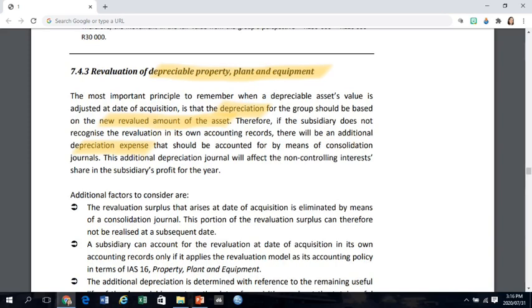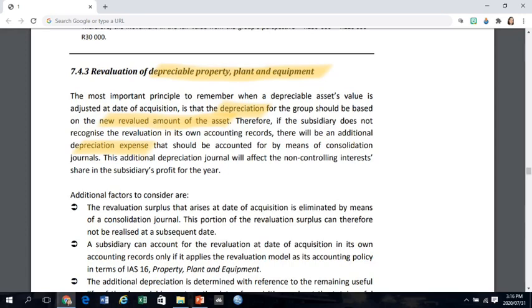These additional depreciation journal entries will affect my non-controlling interest in the subsidiary's profit for the year, because an additional depreciation expense will lead to a change in the group's profit, and it's ultimately the subsidiary's profit we change, which is included in the group profit.